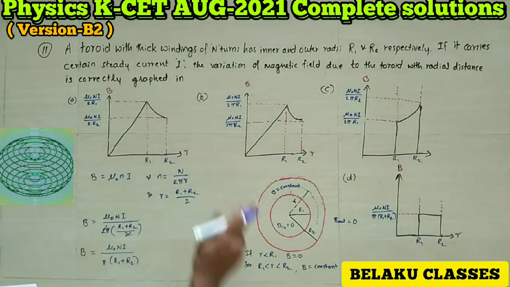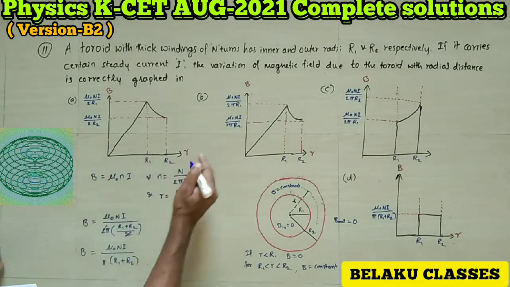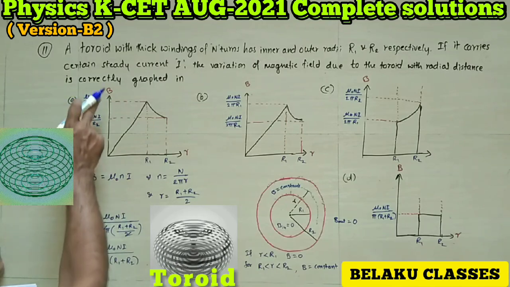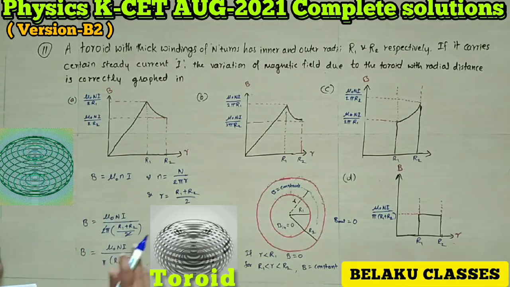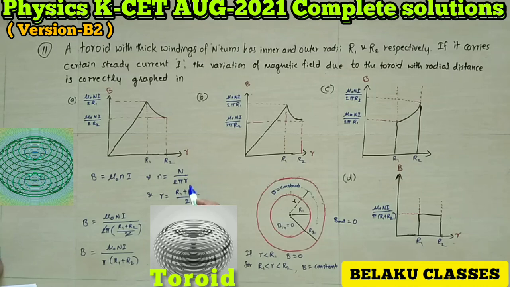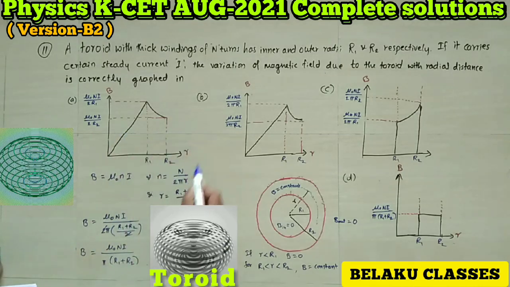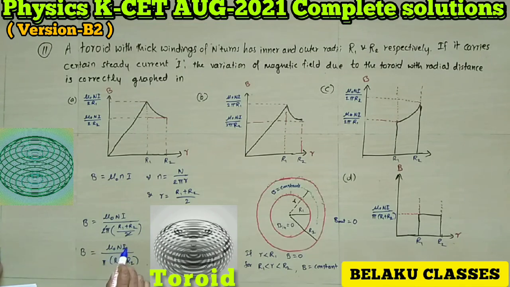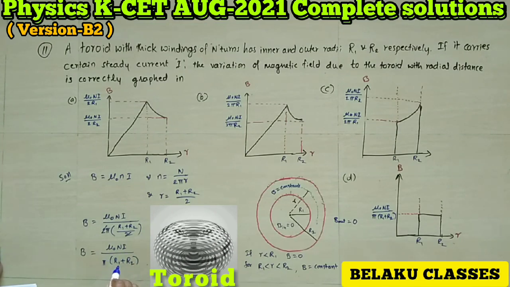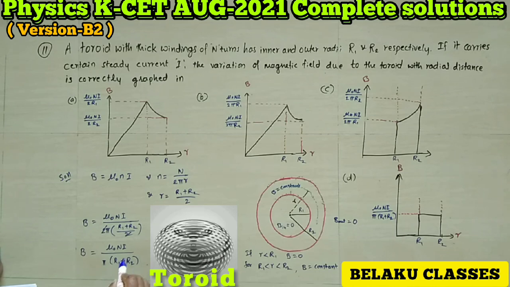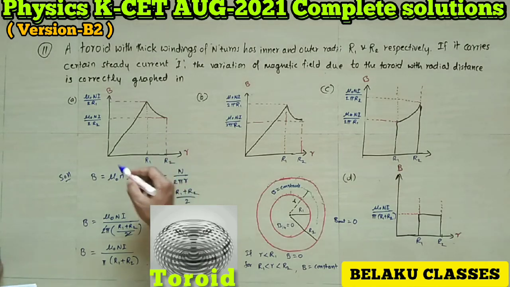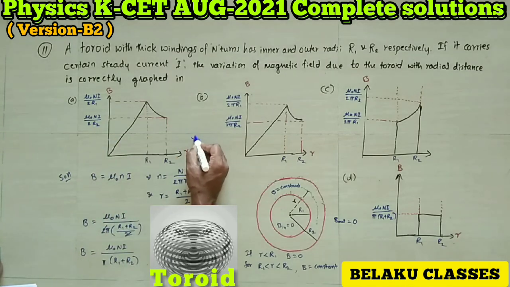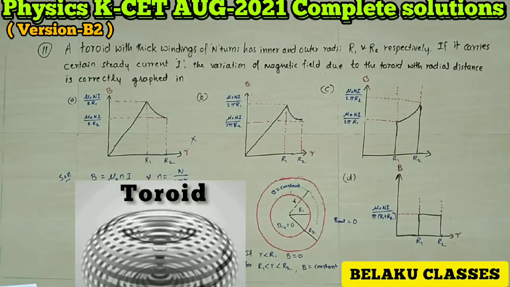Now you can see in each graph the x-axis is representing the radial distance and the y-axis is representing the variation of magnetic field. You can check each graph, where B is found to be mu naught N I by pi into R1 plus R2. When you check option A, we won't find any such value of B in the graph, therefore this is not the answer.